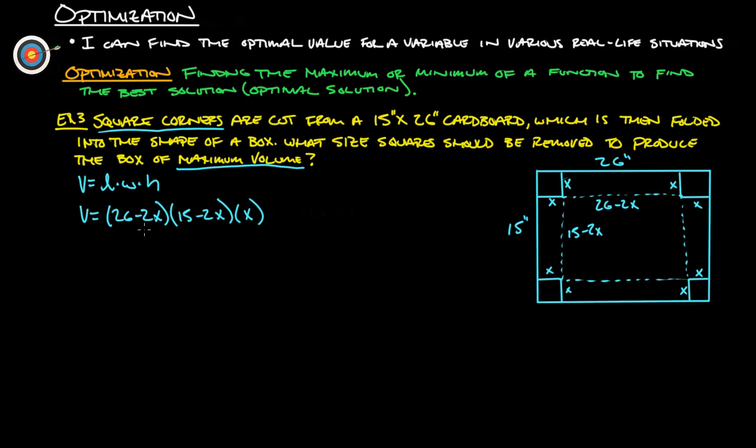Okay, so what we are now trying to do is find the maximum volume of this here. Now, there's a couple ways we can do this. We can multiply this all out, and then we can find the derivative.